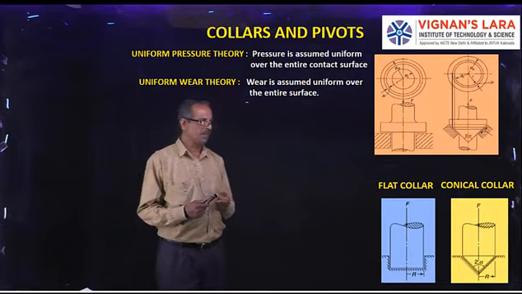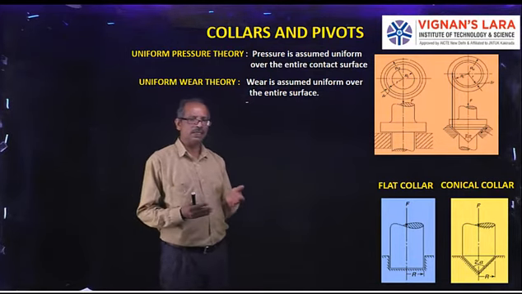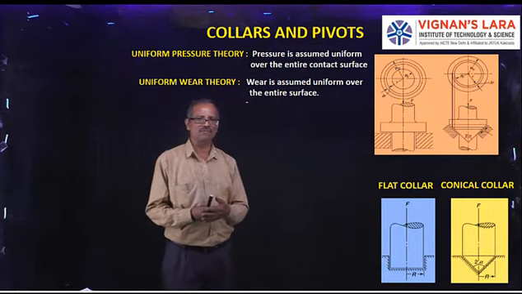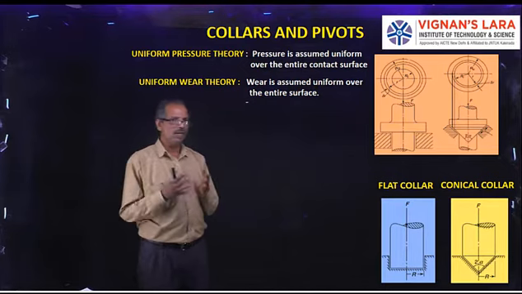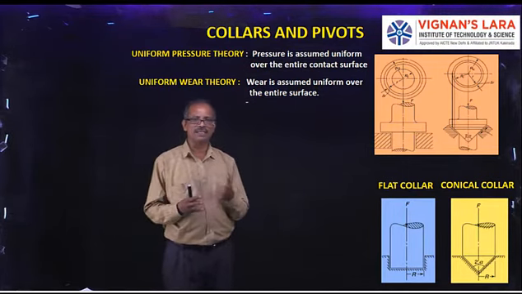Then what is a pivot? In case of a pivot, the shaft is directly resting on a surface where the load is taken by the end of the shaft. So collars and pivots are the two things which will take care of axial loads when a shaft is revolving.